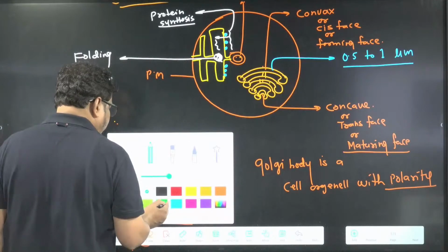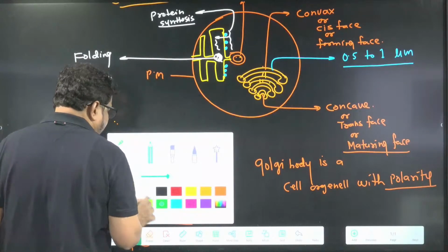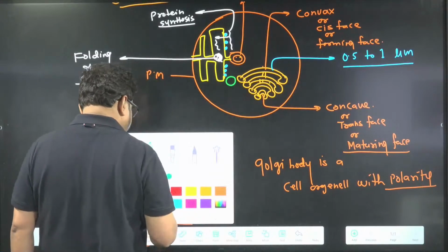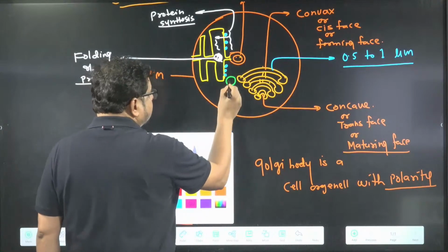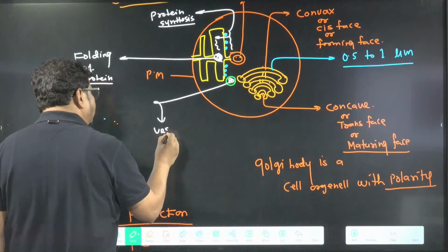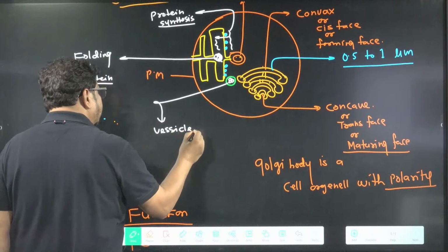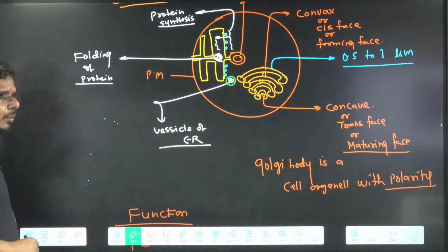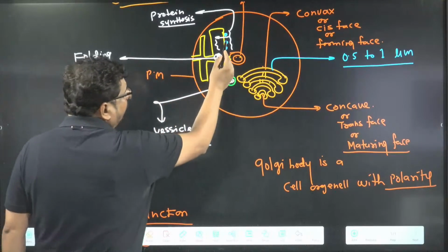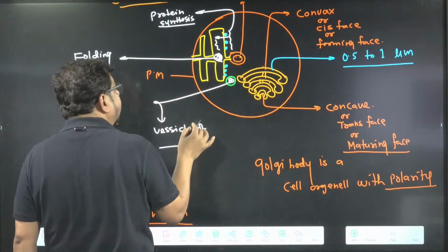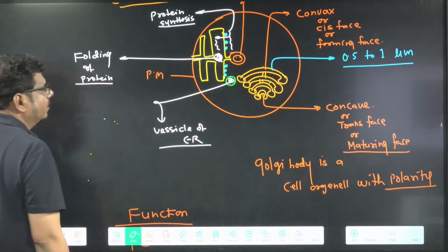Now these proteins get packed in a vesicle of ER. So this is a folded protein and this structure is the vesicle of ER. Protein present outside the ER on ribosome enters the ER, goes for folding, then gets packed in a vesicle of ER.